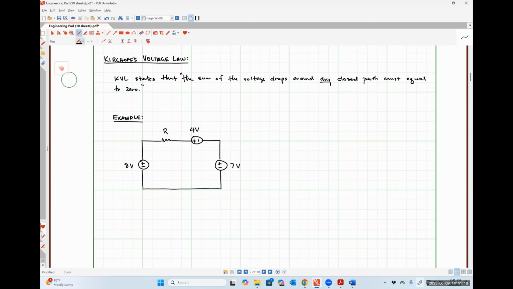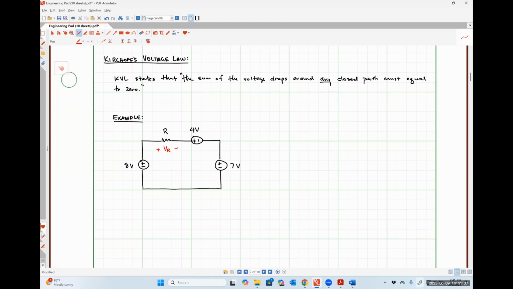So what I'm going to find is the voltage drop across that resistor, with positive polarity on the left and negative polarity on the right, okay?